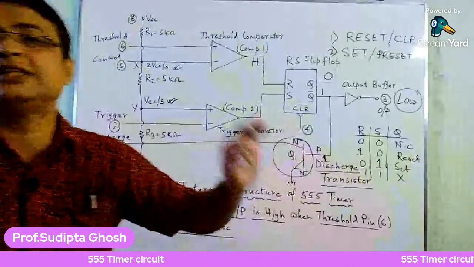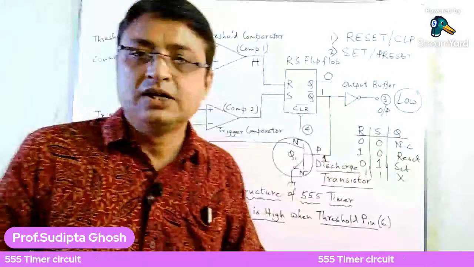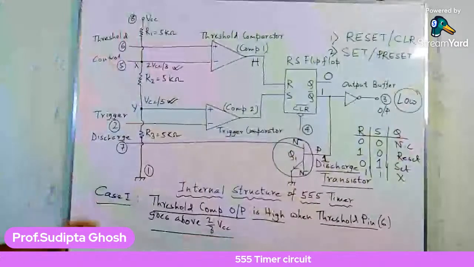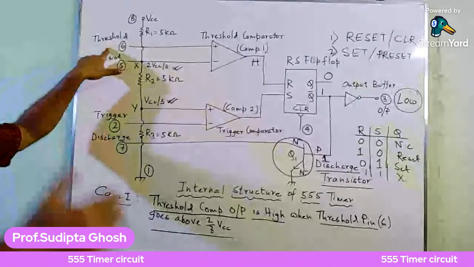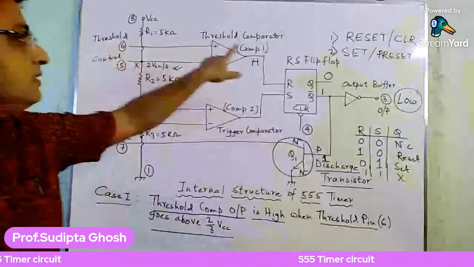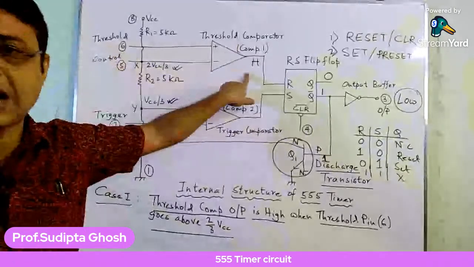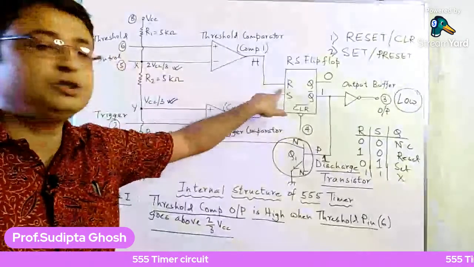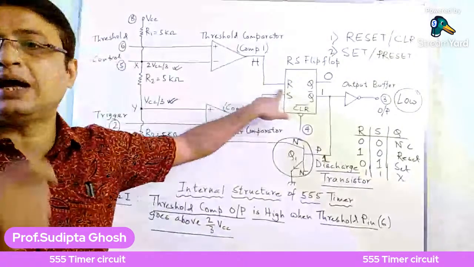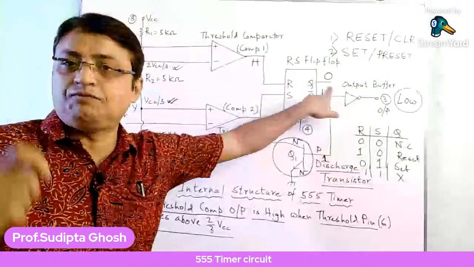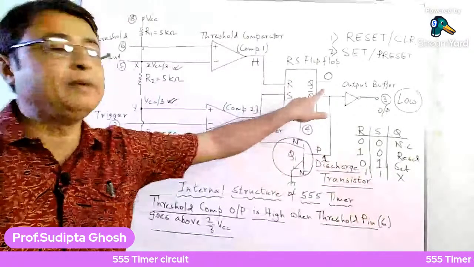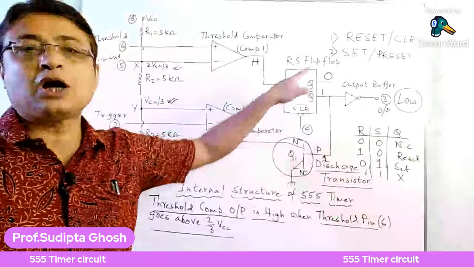Now the threshold input goes above 2/3 VCC. That turns the threshold comparator output high, which goes into the reset input of the RS flip-flop, which turns the output of the flip-flop low, so Q bar, the complement of Q, is high.